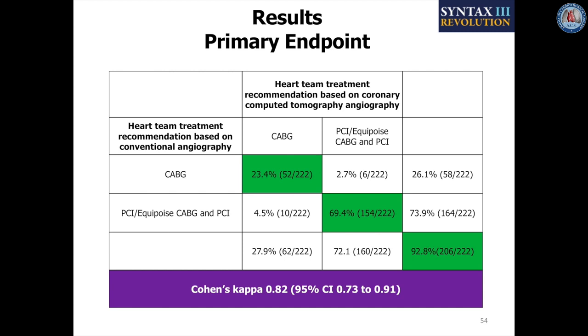69.4%. So the global agreement between the two heart teams is 93%, which in terms of statistics, Cohen's kappa is a Cohen's kappa of 0.82 with a 95% confidence interval of 0.73 to 0.91.